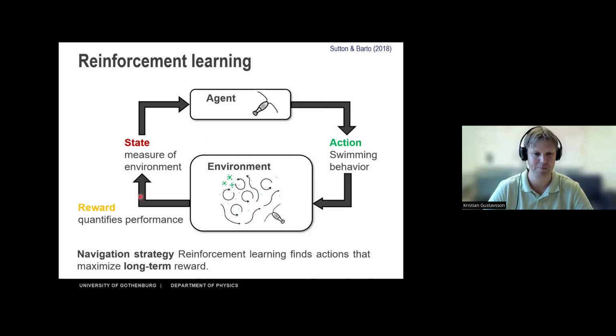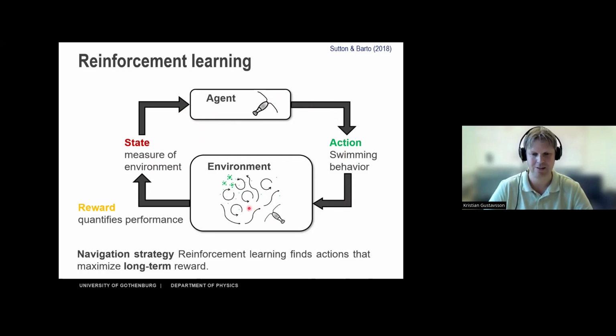The typical setup is that you have some state, that's a measurement of the environment, and then we have the agent. In our case, that's the copepod, and this can take actions, and that's different swimming behaviors. It could swim straight ahead, or swim with turning, or whatever the copepod can do, that it can actively adjust.